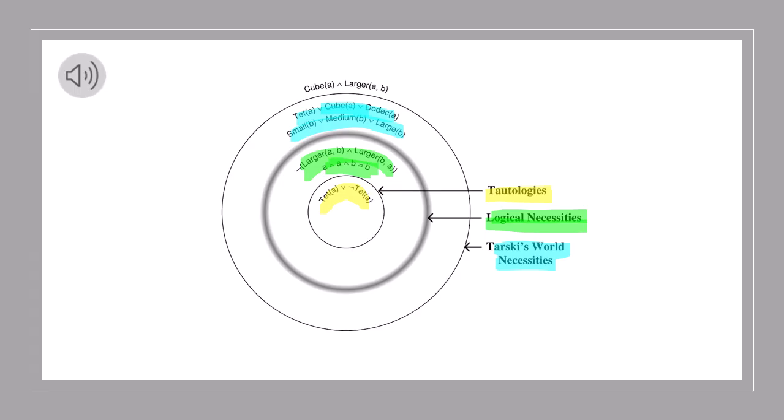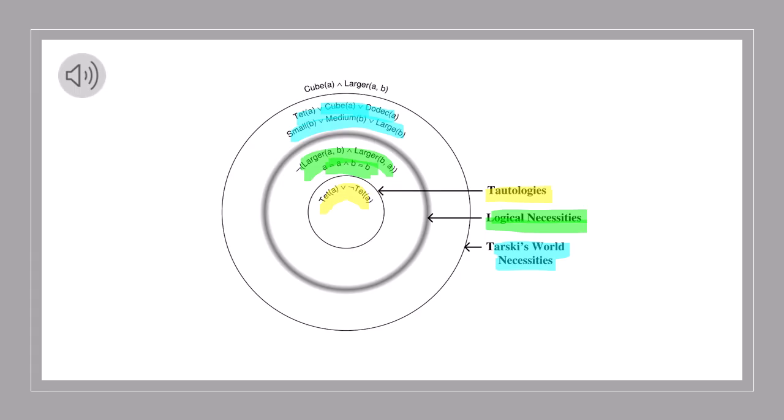And likewise, a Tarski's world necessity is also clearly defined in terms of the Tarski's world program. However, the logical necessity here is what we're trying to hone in on, and you can see that we're squeezing in on logical truth there.